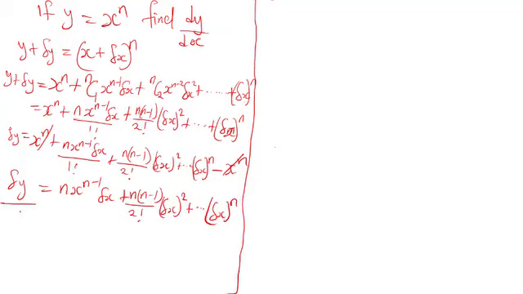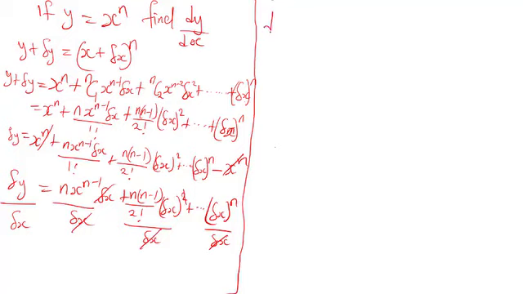Then let's divide all through by change in x, and we divide each term by change in x. So this goes with this, and this still goes with this.